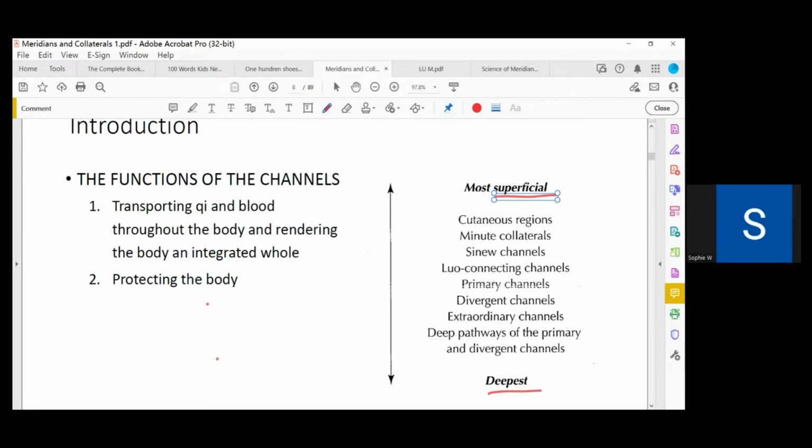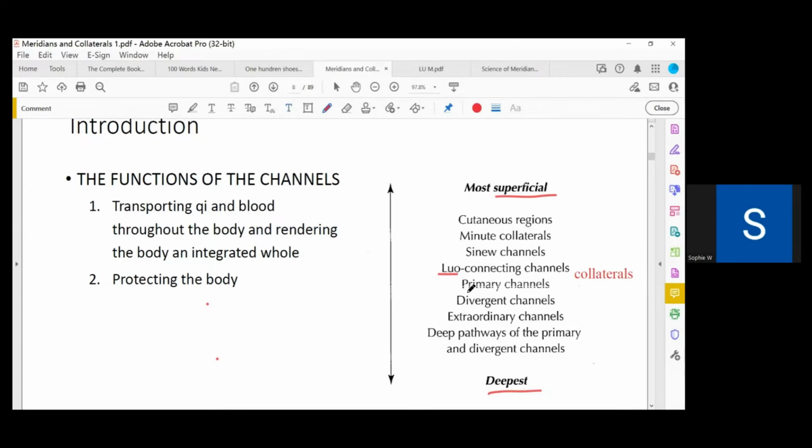And the minute collaterals, that's the small branches. And the sinew channels and the luo connecting channels, that's the collaterals. See different books, we use different terms.